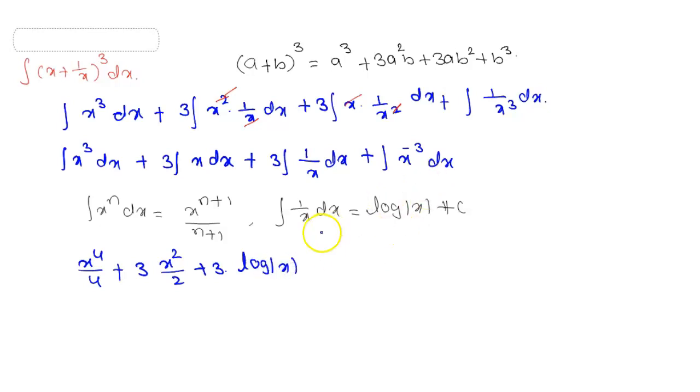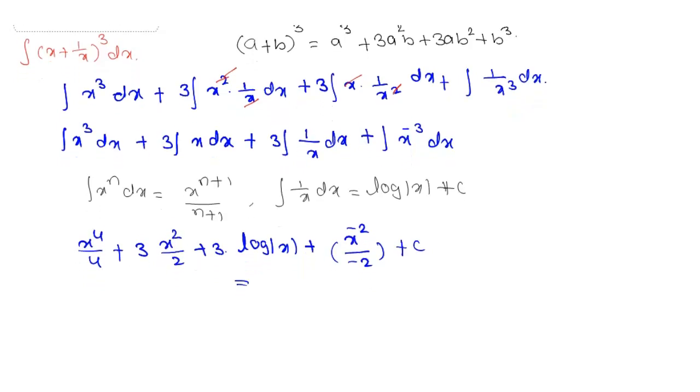And x power minus 3 has n value minus 3, so minus 3 plus 1 by minus 3 plus 1, which can be written as x power minus 2 by minus 2, plus c. For all the functions only one constant I am writing. This is the answer for this question.